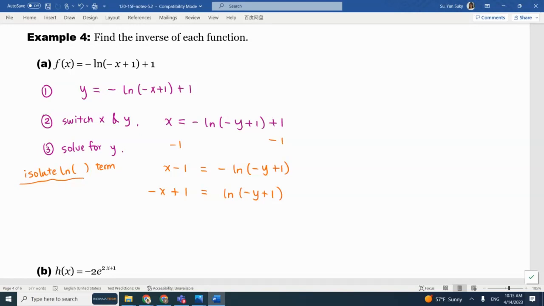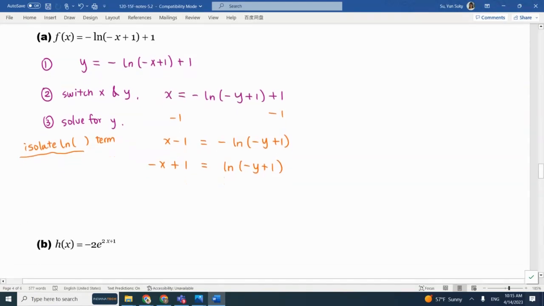It gives us the same result. Isolate means you only want to see that term on the one hand side. All the other stuff is on the other side. Okay, everybody? So once we isolate the log term, we can get rid of that.